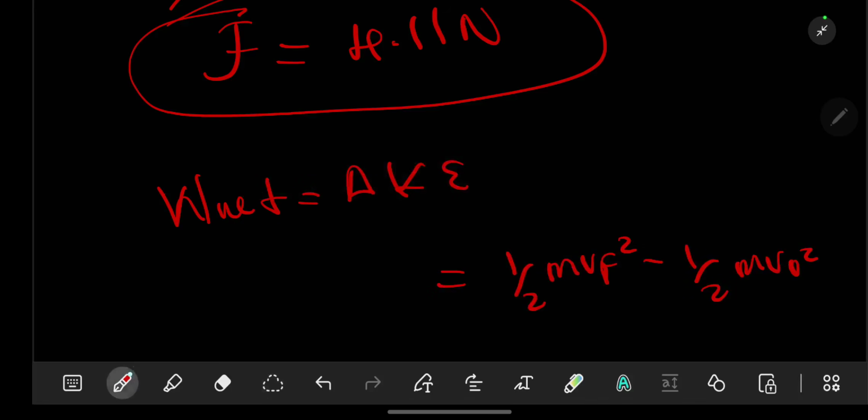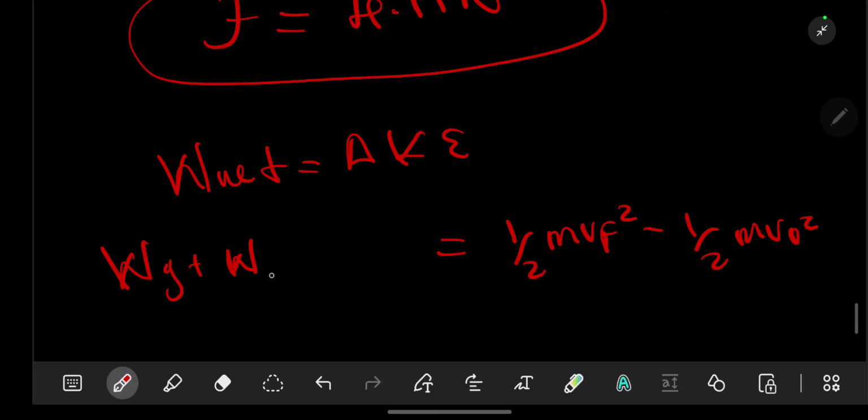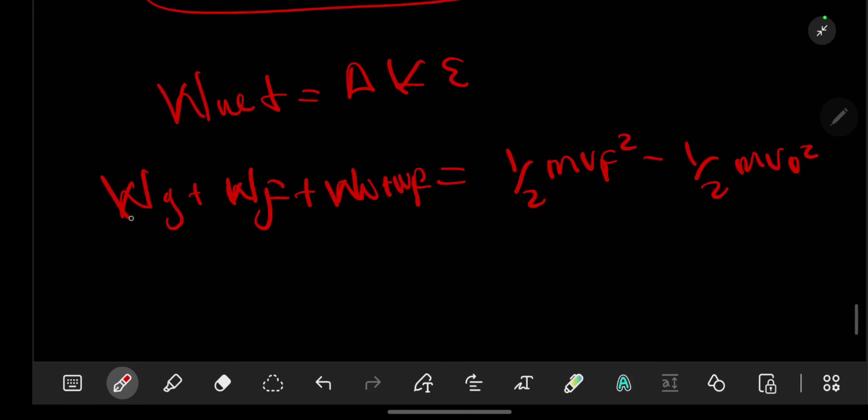We have the net work is the work done by the gravity plus the work done by friction plus the work done by the normal plus the work done by a force, if any. So without wasting time, we now know how to find the work done by the gravity.